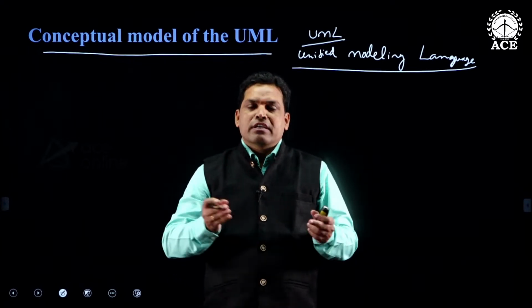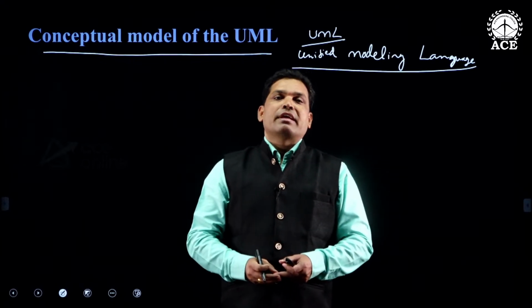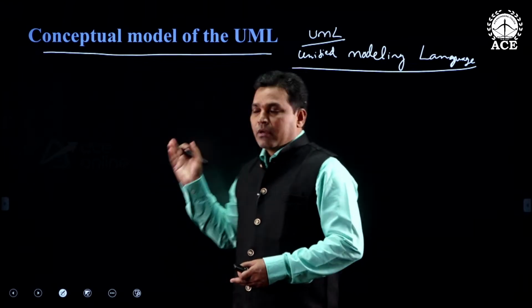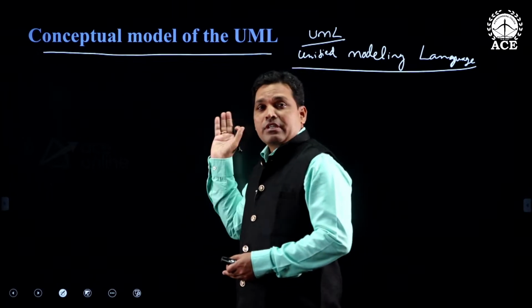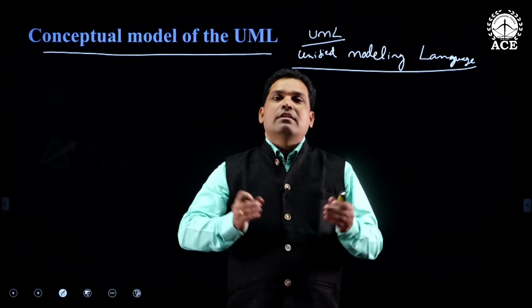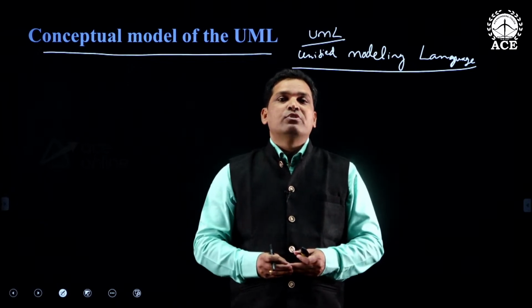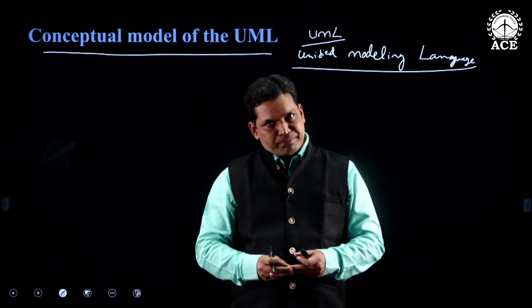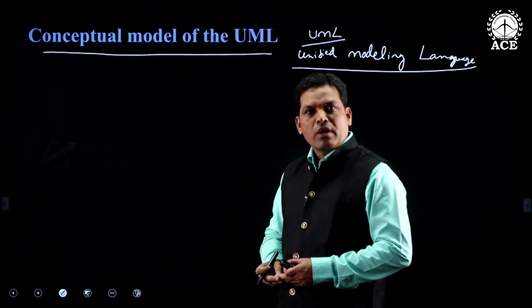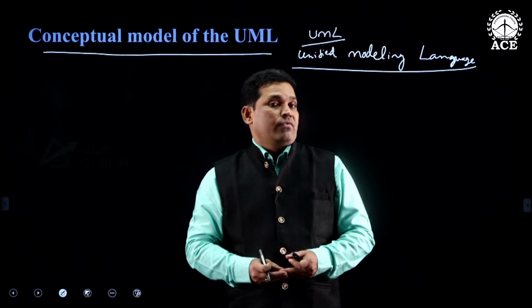If any designers want to design a software system, they need a modeling language, that is UML. Why did UML become popular? Because as a designer, if you want to design an object-oriented software system, then UML is the best suitable modeling language to model any object-oriented software system.